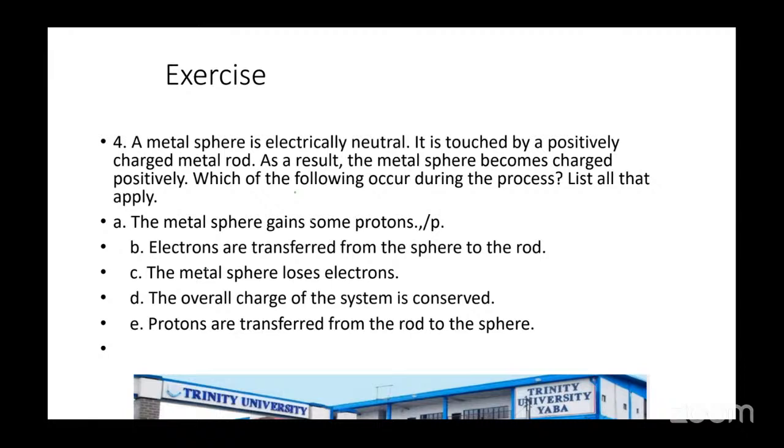Let's look at the next, B, C, D. Electrons are transferred, fine. The metal sphere loses electrons, correct. The overall charge of the system is conserved, correct. So we have B, C, D. The amount of charge that is lost is equal to the amount of charge that is gained. So that is D. So the answer is B, C, D.